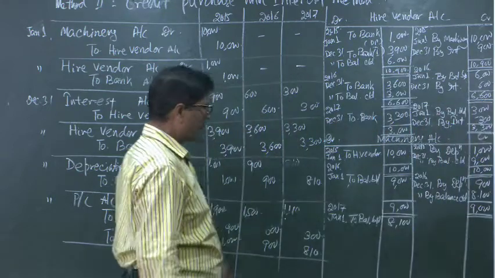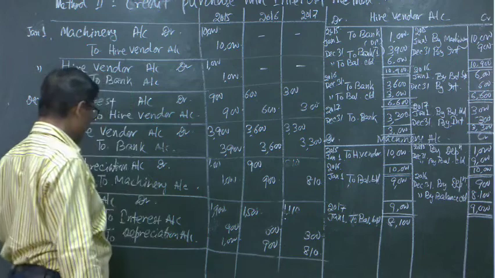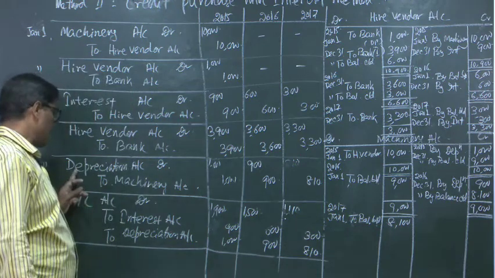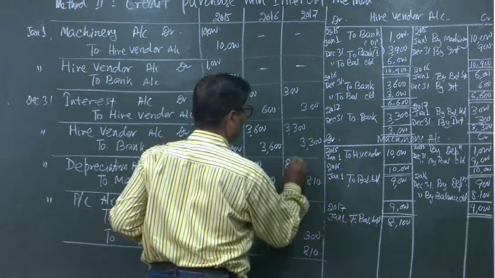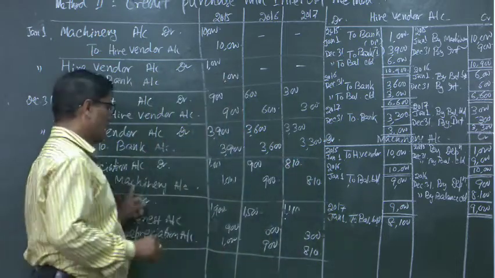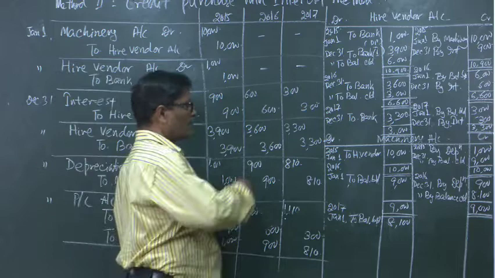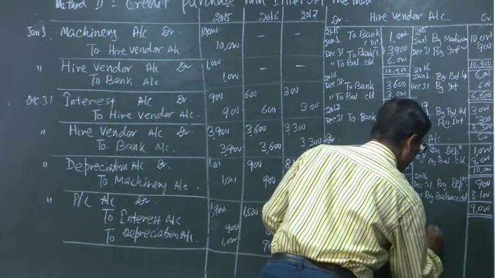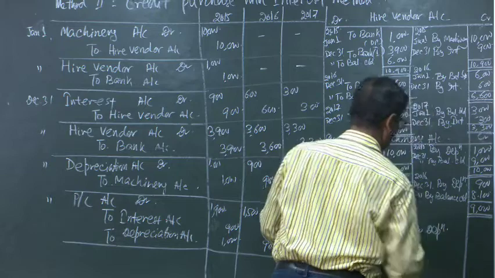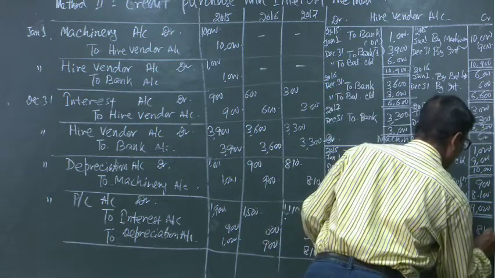Coming to the machinery account, this depreciation account will affect it. The entry will be depreciation account debited 810 to machinery account 810, or machinery account is credited by depreciation 810. On which date?